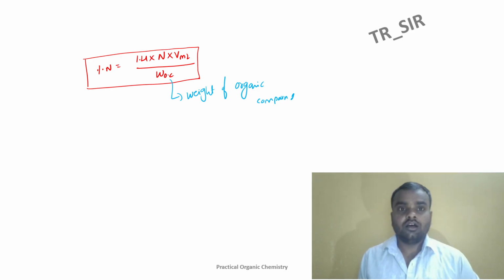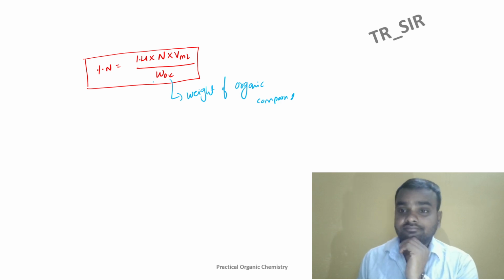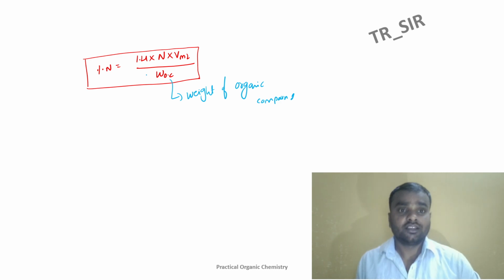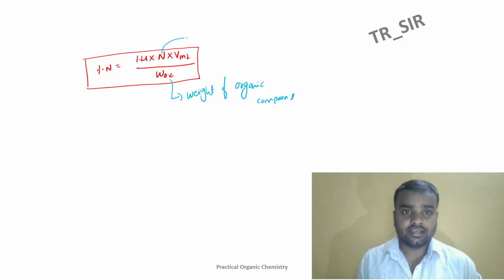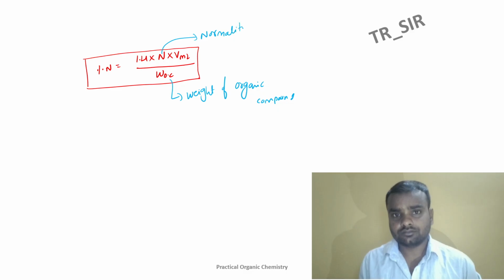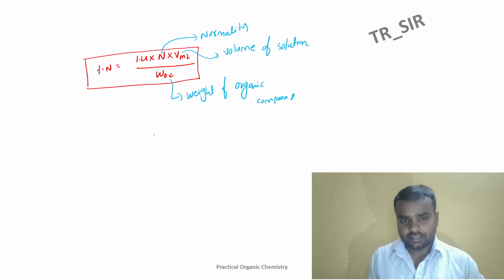Now, what is the N here? N is nothing but normality. What is the V? V represents the volume of solution. Now, look here.